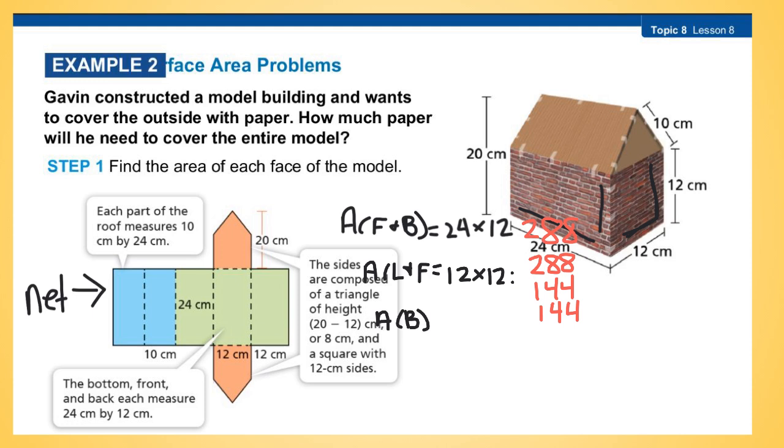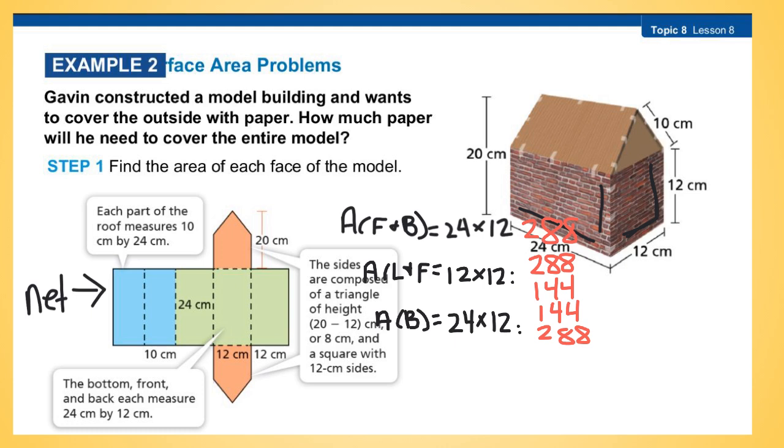And so the bottom is going to be 24 wide by 12 long, that is another 288. So I've taken the brick building and I found 5 of the sides because the 6th one, the top, isn't included in the outside of the shape.